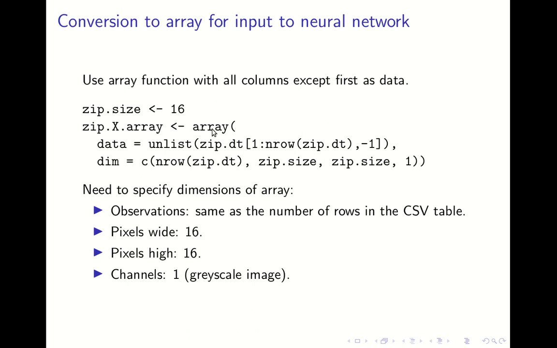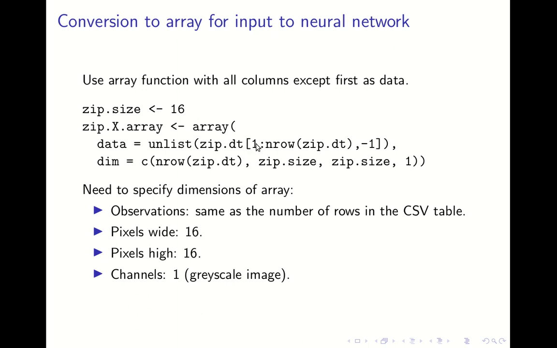When we use our array call, the first argument, data, is unlist of zip.dt. Unlist means not treating it as a data table anymore, but just as a standard atomic vector of numbers. That's necessary for use with this array function.